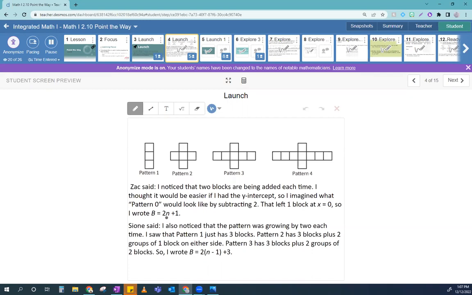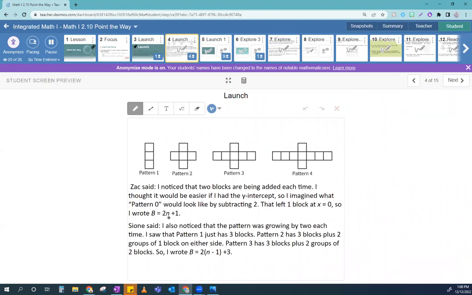So at this point, I want you to think about what the 1 represents in our whole thing and what the 2 represents in the whole thing. What does this 1 represent in this whole pattern? Not just pattern 1, but the whole pattern. Where do you see the 1? And where do you see the 2?